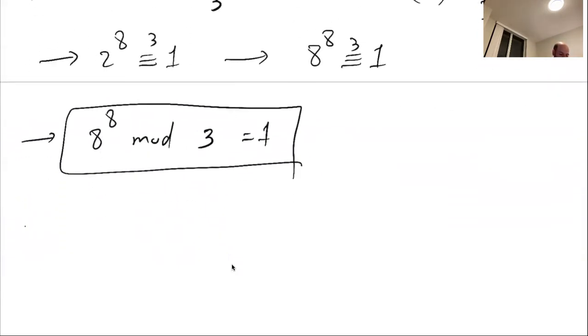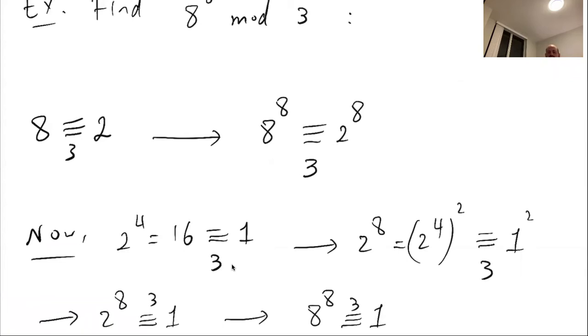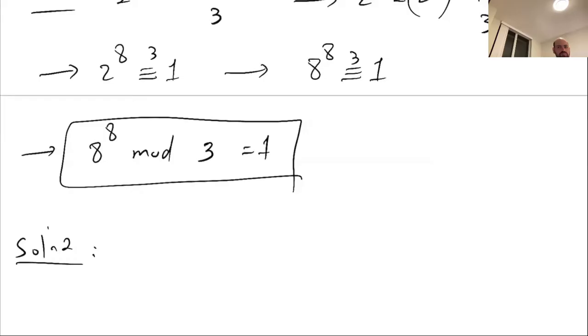Let me do it with another solution, solution 2. Okay, so what was the issue here? We had a small issue when we got 2 to the power 8, and 2 to the power 8 is not as simple as 1 to the power 8. Well, sometimes this situation is inevitable, and we cannot get 1.